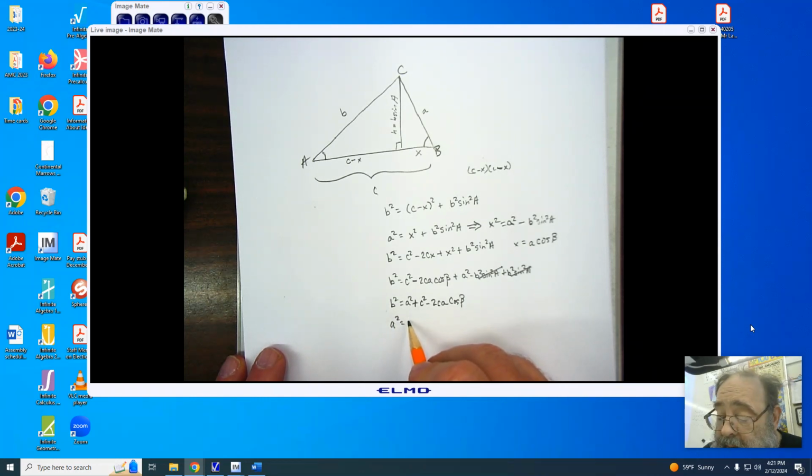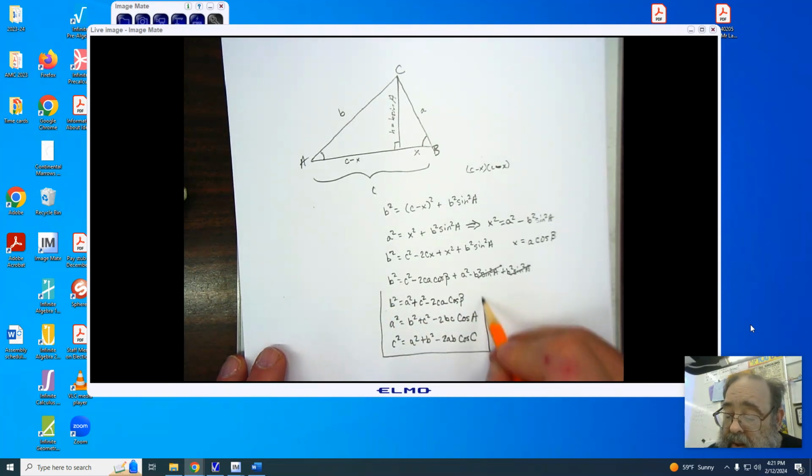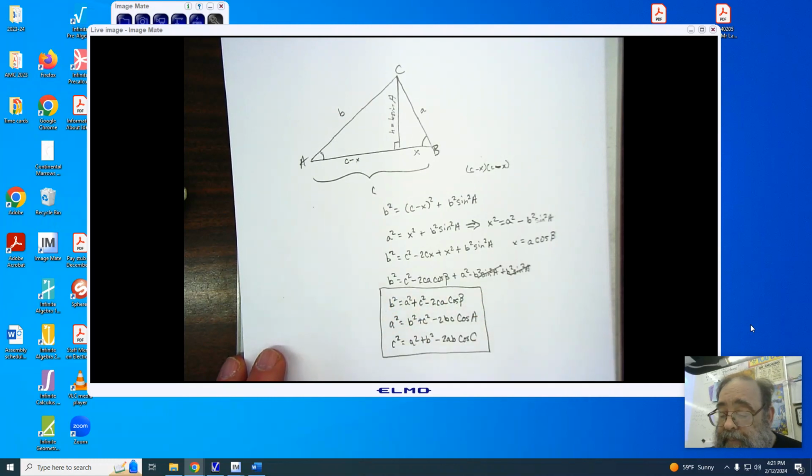That's going to give me b squared plus c squared minus 2bc cosine of angle A. And if I do it with the c squared has to equal a squared plus b squared minus 2ab cosine of angle C. These are the three formulas that we use with our law of cosine.